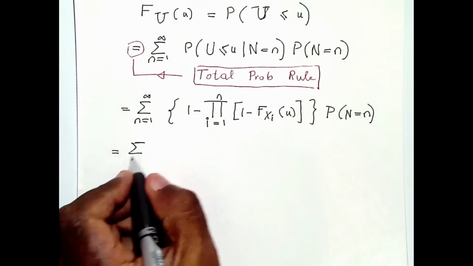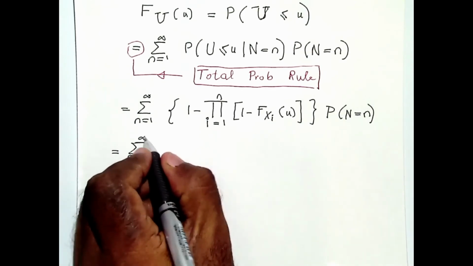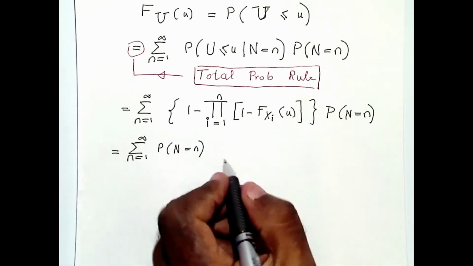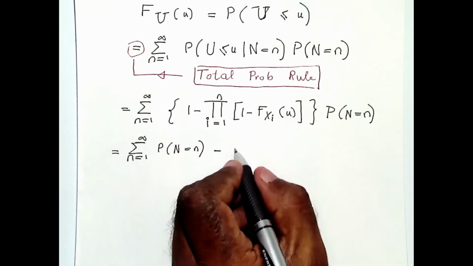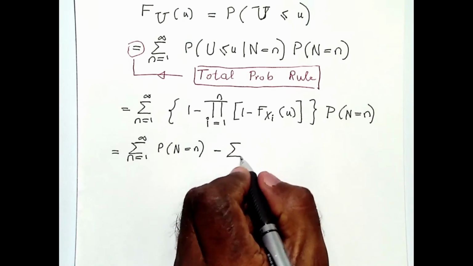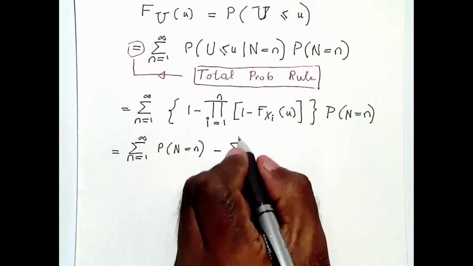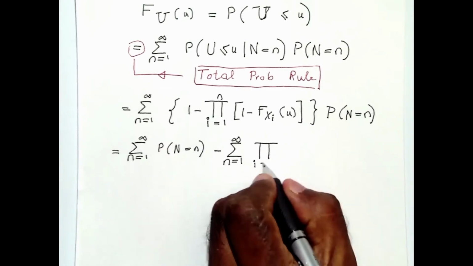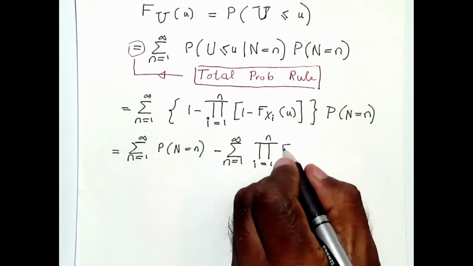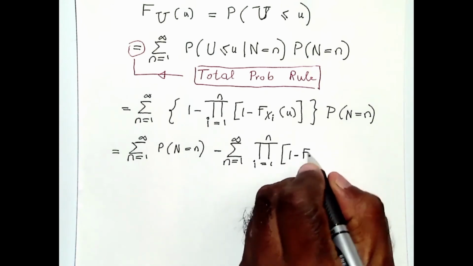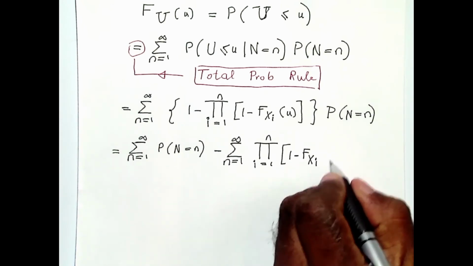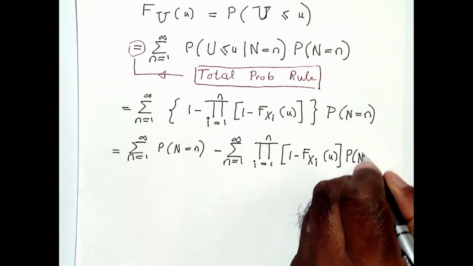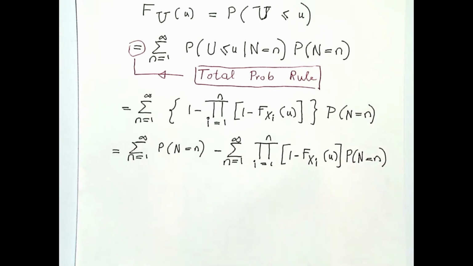The first sum is the sum of the probabilities, and the second sum is the other term.